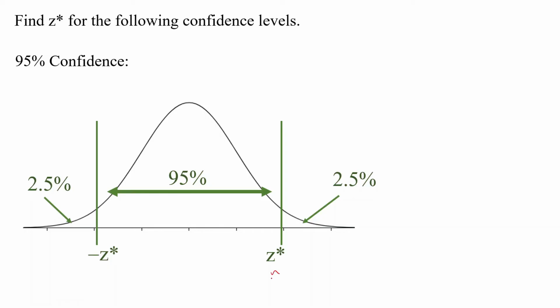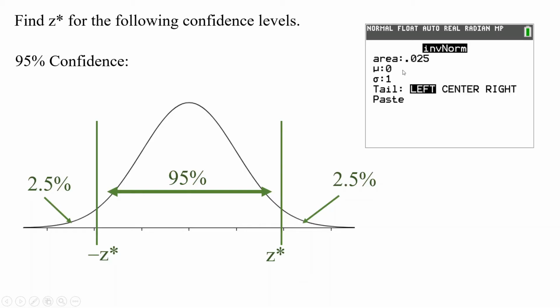We know that this should be approximately 2 because 1, 2, and 3 standard deviations out is our estimate for the empirical rule. When we put the area of 0.025 into our calculator, just to the left, I'm going to get a Z star value of 1.96.